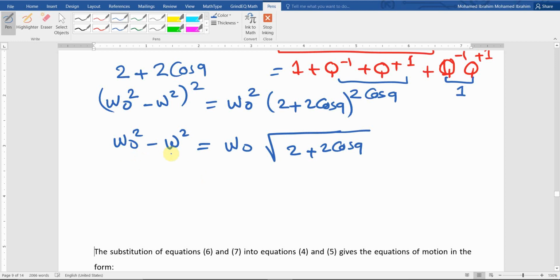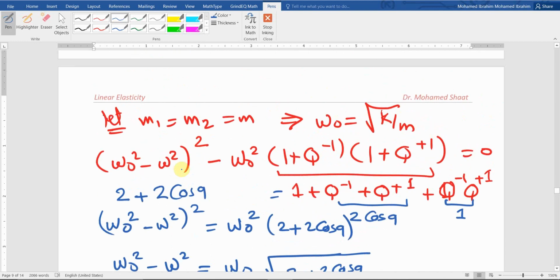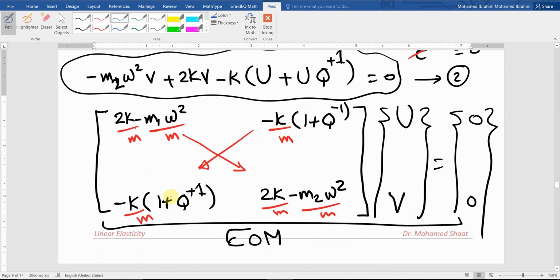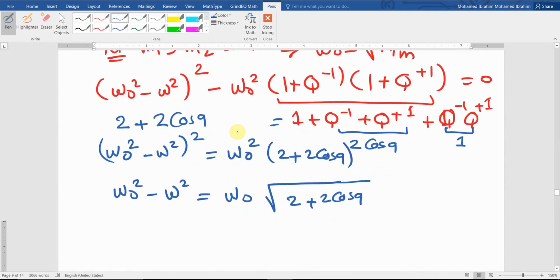Make sense? Then if you move this one here and move this term here, no, this omega 0 square should be omega 0 to the power 4. This term should be power 4, and this should be power 4 here.